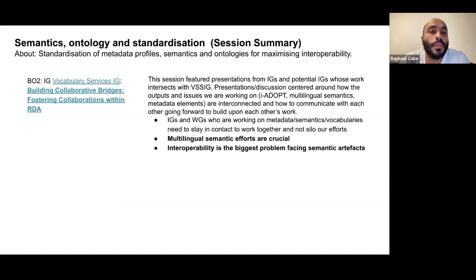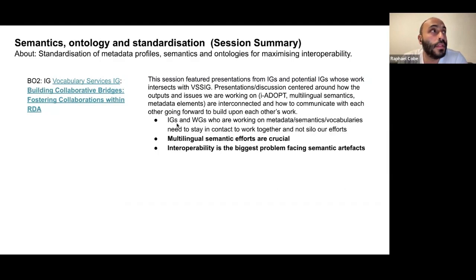The last group on this pathway was the vocabulary services interest group. During the session, they gave several presentations from other interest groups that could potentially work together with the vocabulary services interest group.